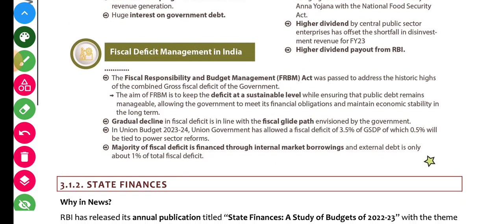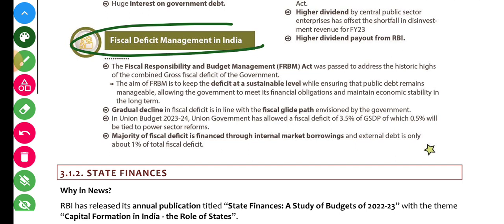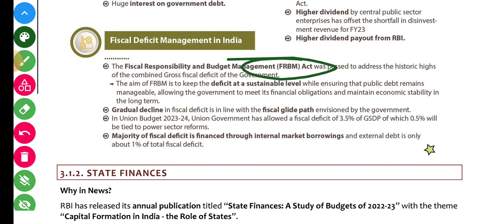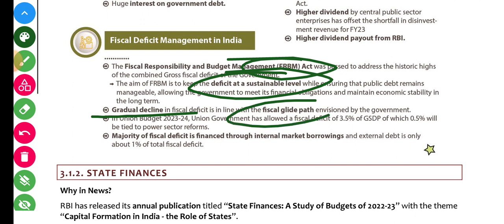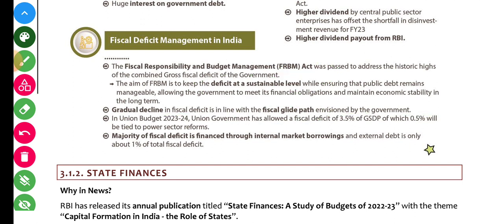So you can remember this. Fiscal deficit management in India. So first is the FRBM, you can remember this, and deficit at a sustainable level. Okay, gradual decline because fiscal glide path envisioned by the government. In union budget, union government has allowed the fiscal deficit of 3.5% of gross state domestic product, with 0.5% for power sector reforms.